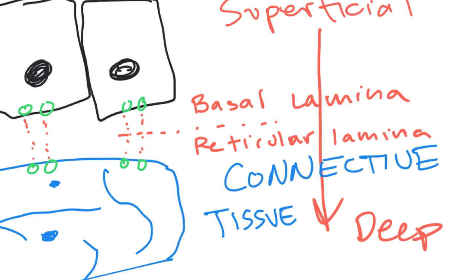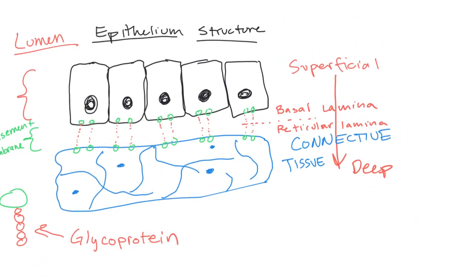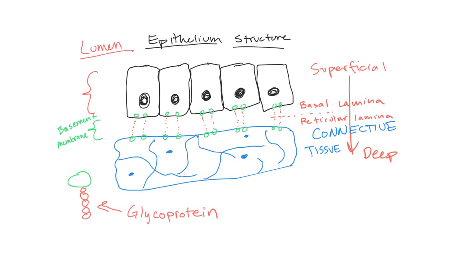Okay, so that red dotted line is just imaginary. So the red line is separated by the basal lamina and the reticular lamina in the middle of it? So yes, the glycoproteins from the epithelial tissue form the basal lamina. The glycoproteins from the connective tissue form the reticular lamina. They combine to form the basement membrane, which sticks those two tissues together.